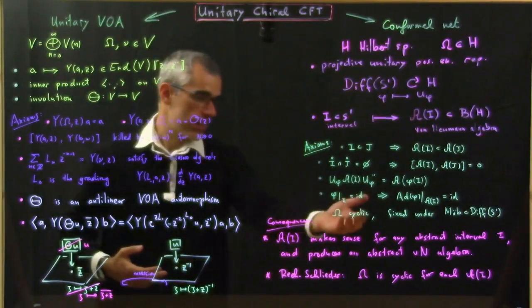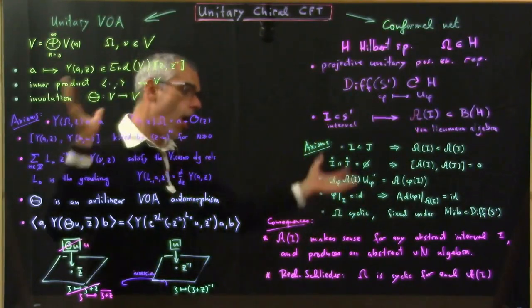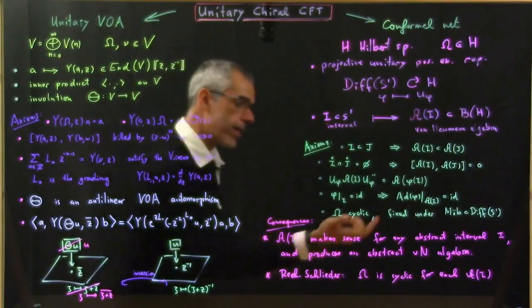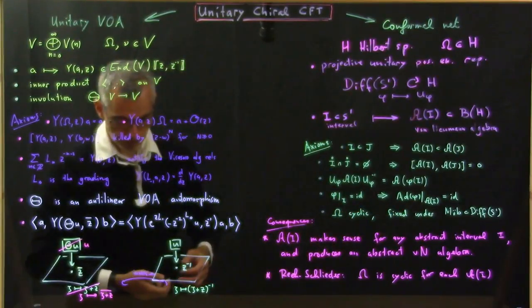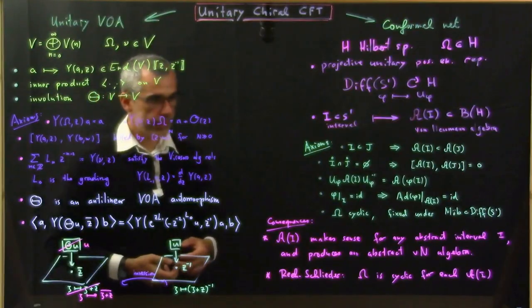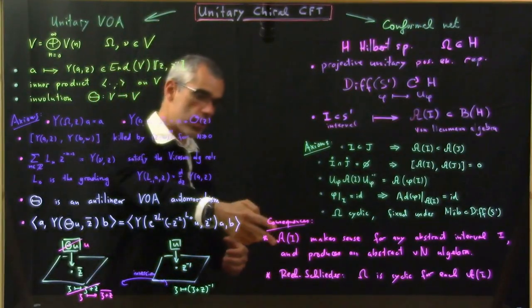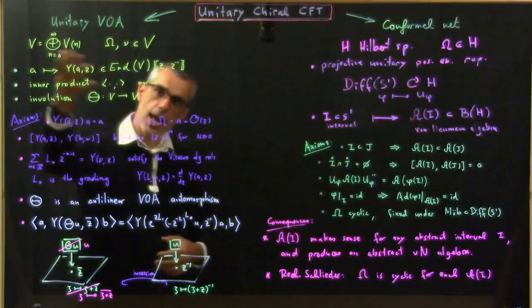We had asked that it is cyclic for the action of all of them, but it is actually cyclic for each one of them individually. And maybe a comment about this first consequence on the side of VOAs.